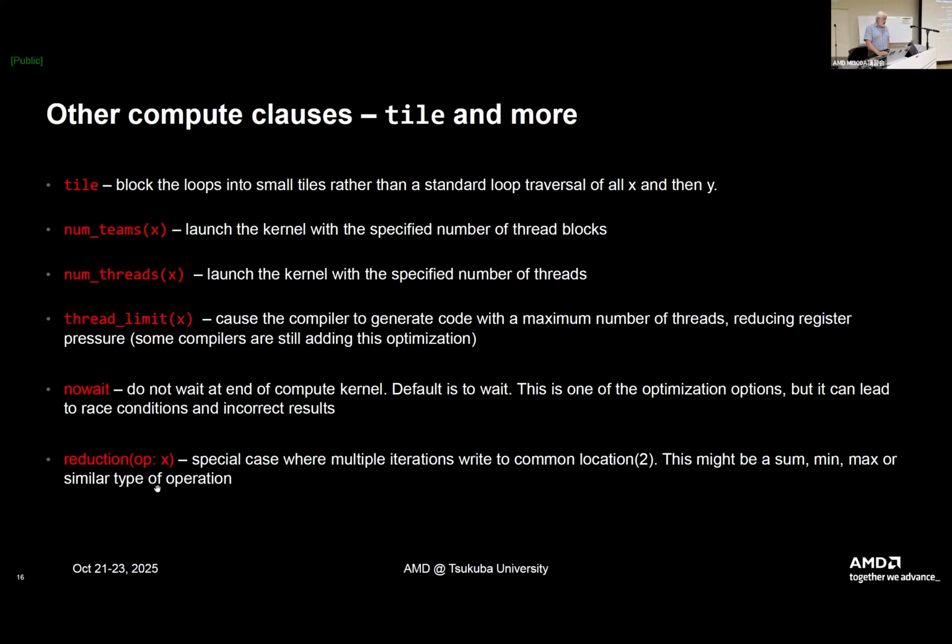A reduction, that's another very common case. We want to sum an array into a scalar or a multi-dimensional array into less dimensions, maybe a vector. And you can add nowait. There's an implicit wait at the end of each loop.